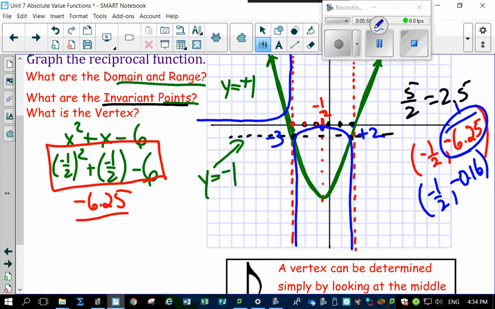Perfect. Here's your other invariant point right here at y equals plus 1. This comes down here like this, through that point and bends out this way. That's what your reciprocal graph will look like. Whew, what an amazing question. Stay tuned now for domain and range on this.